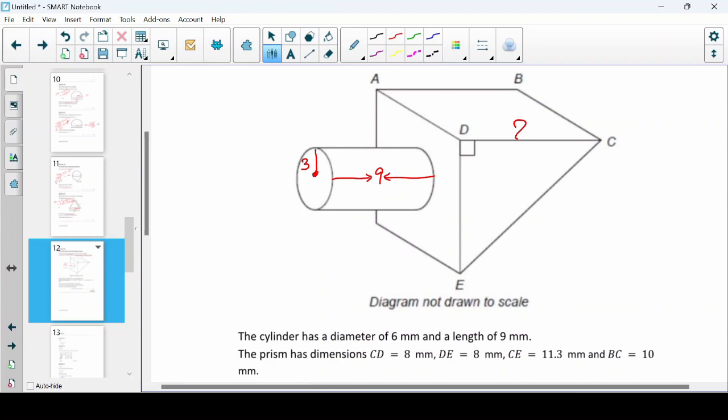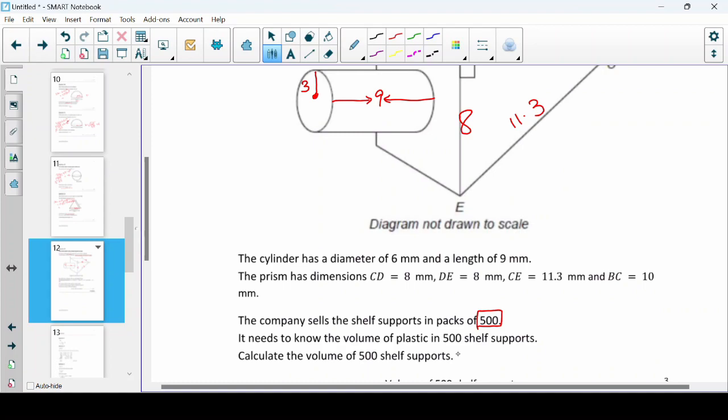A company sells this in packs of 500, and it needs to know the volume of plastic in 500 shelf supports. Calculate the volume of 500 shelf supports. So we have to find the volume of this one and multiply it by 500.